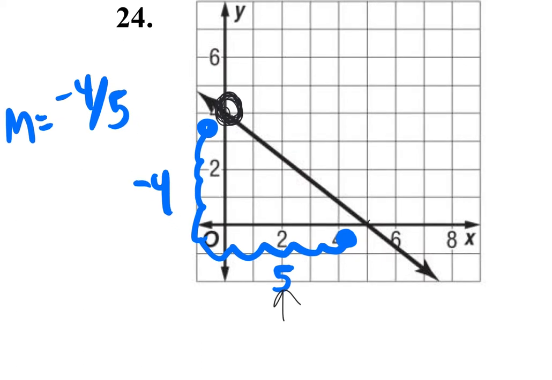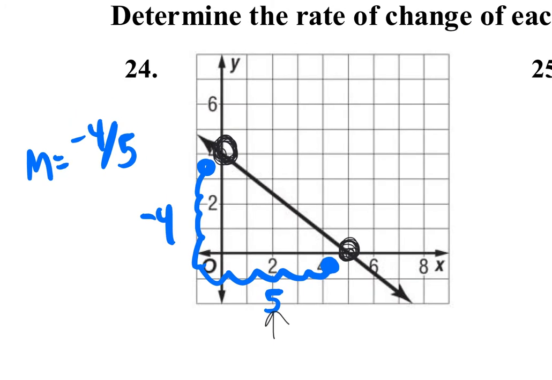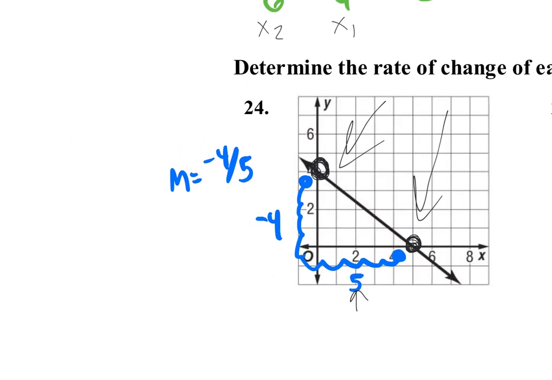So to get from this point to this point, because we want to check it with whole number intersections, you look for spots on the graph where it crosses over an intersection point, and then you count rise over run. You could also use the slope formula on these 2 points. You'd get the same answer of a slope of negative 4 over 5, but this was showing that with a graph, you can do rise over run and count it yourself.